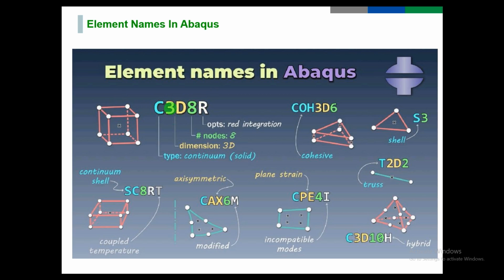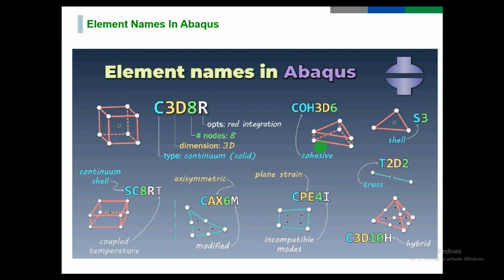Some other types are AX, which means axisymmetric element, and PE, for plane strain, or PS for plane stress, and more.